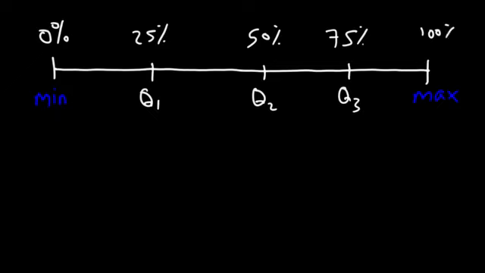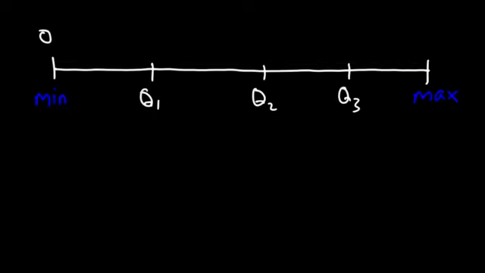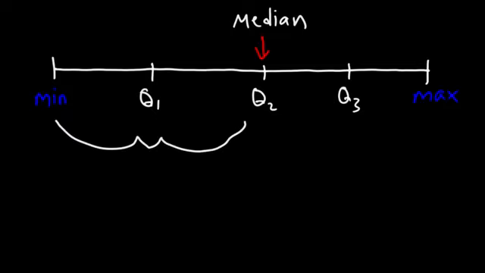Now, how do we go about finding Q1, Q2, and Q3? How do we do that? Q2 is the median of the entire data set. Q1 is the median of the lower half of the data set.